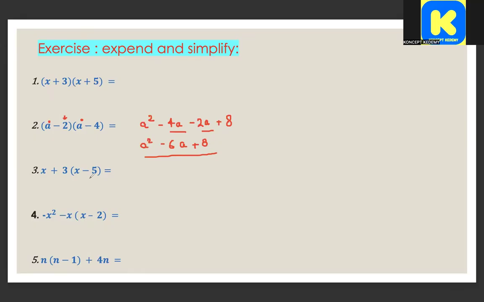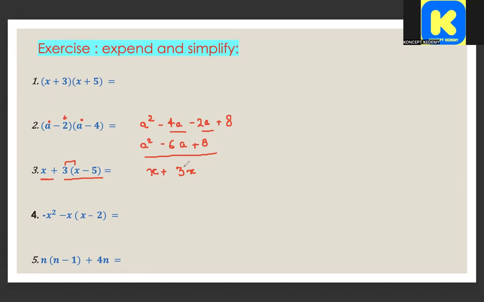Now, the third question. It's actually very easy. Just to increase the difficulty or to put mental pressure, they have added x in front of this distributive property question. So we are going to solve this with distributive property, and at the end we will add x on it. So this will be 3x.